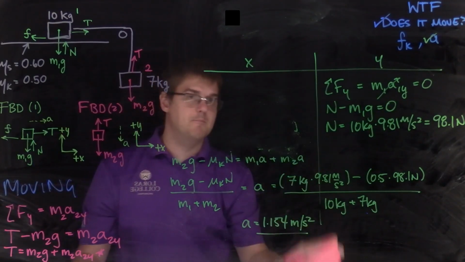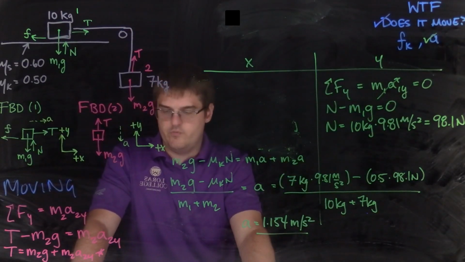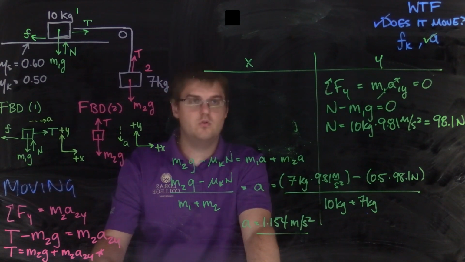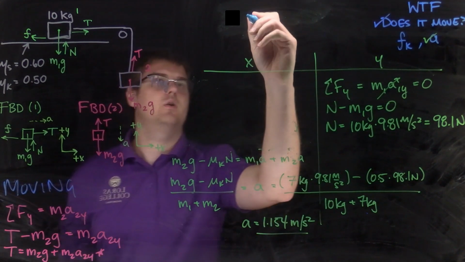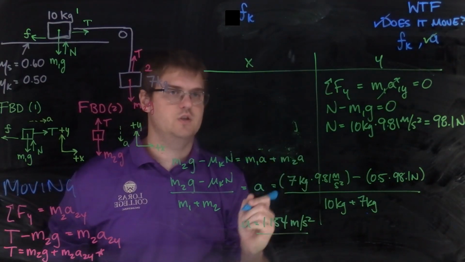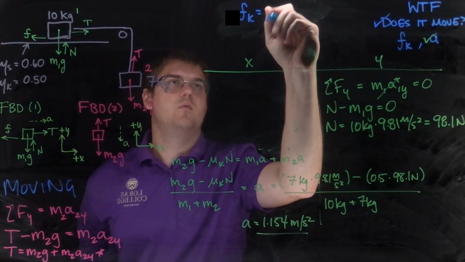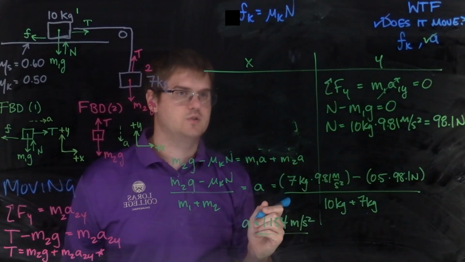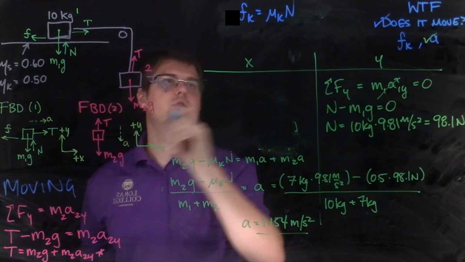Notice halfway through this that I did skip my force of friction. Well, my force of friction is super easy. We actually wrote up the equation up here earlier, we just never solved it. We said our force of kinetic friction is just going to be equal to our coefficient of kinetic friction times our normal force. I have my normal force, I have my kinetic friction.